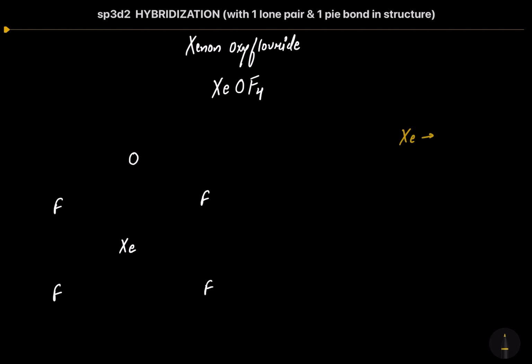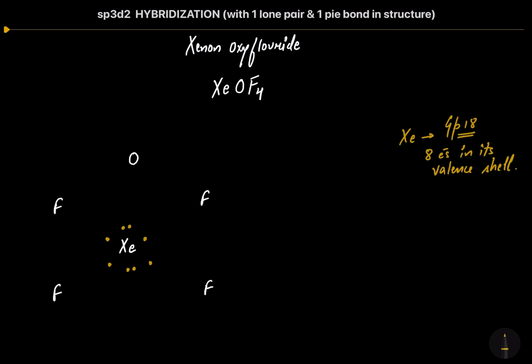Xenon, as we all know, is a member of group number 18, so it's going to have 8 electrons in its valence shell, because it's a noble gas. So that's the first electron, second, third, fourth, fifth, sixth, seventh, and the eighth.